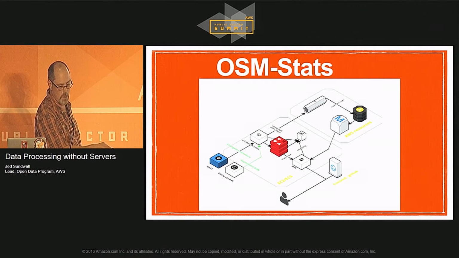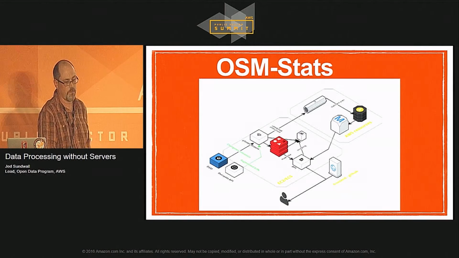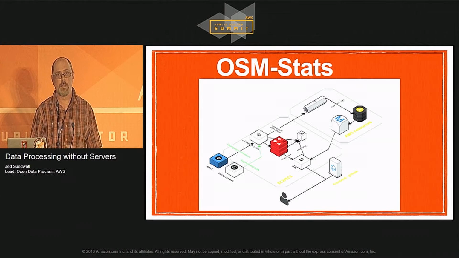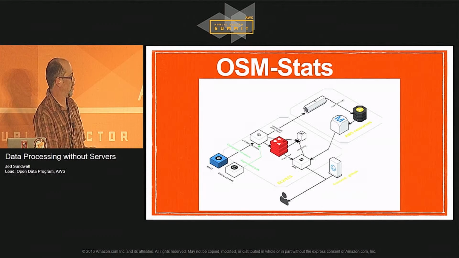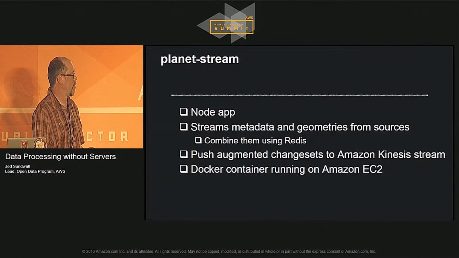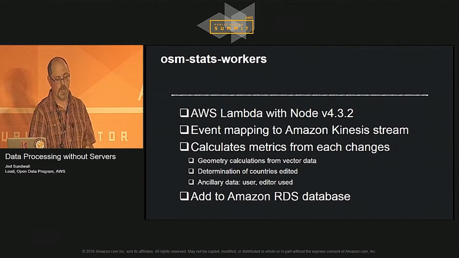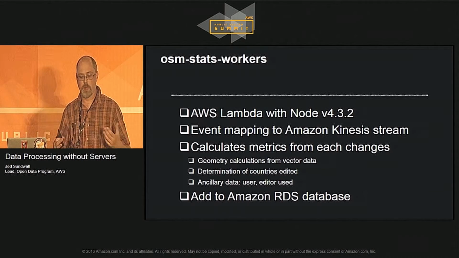Each change set is entered into the Kinesis stream, and we have a Lambda function that, as these events are added into the stream, the Lambda function, all right, I already talked about that. Okay, so we have an AWS Lambda function in Node.